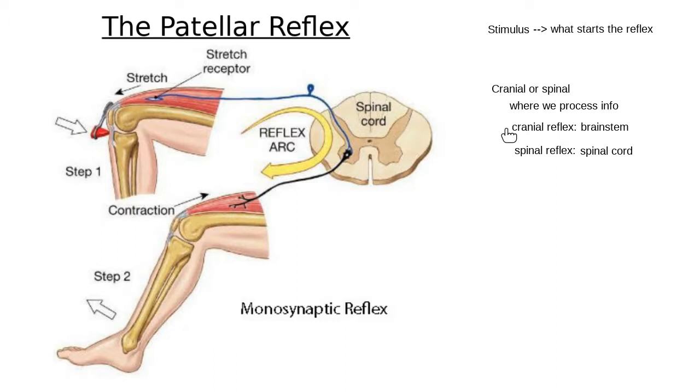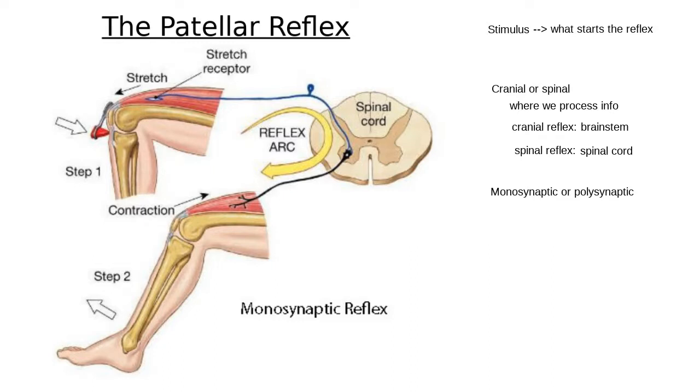So cranial reflexes and spinal reflexes, one of the ways we classify our reflexes based on where they're processing their information. Is it in the brainstem or is it somewhere in the spinal cord? Next thing we need to know about reflexes is if they are monosynaptic or polysynaptic.